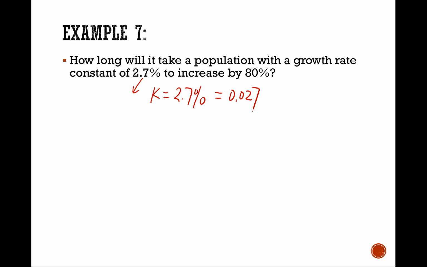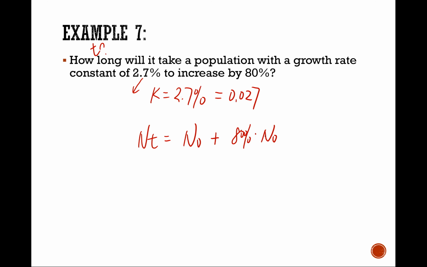And again, they're asking for how long, right? So that means we're looking for time t. And increase by 80%, meaning, assuming again, there's only one relationship here, Nt is N0 plus an additional 80%. And that's what this means. Meaning you're adding an additional 80% of N0.